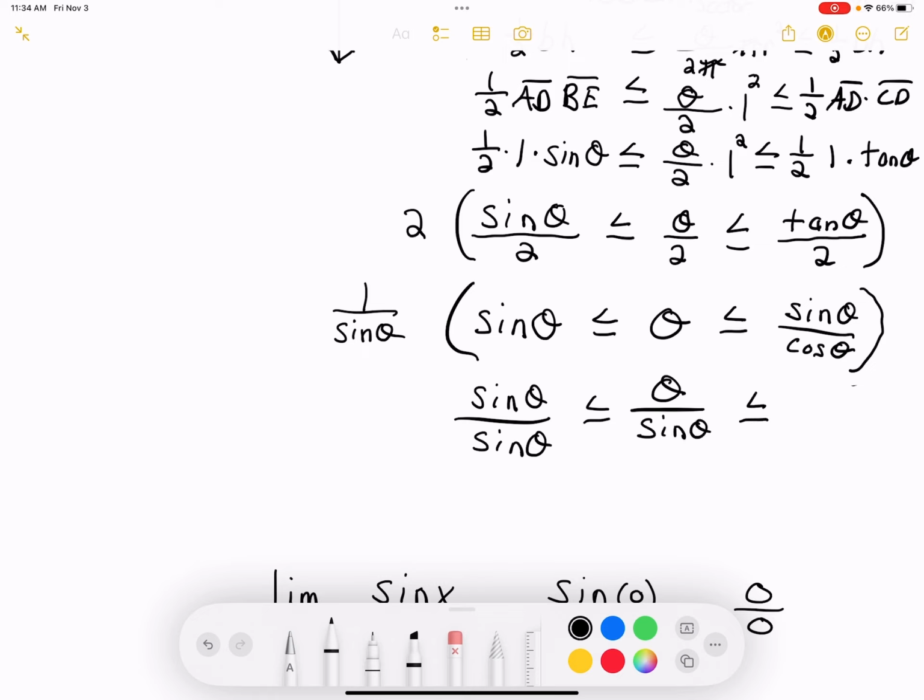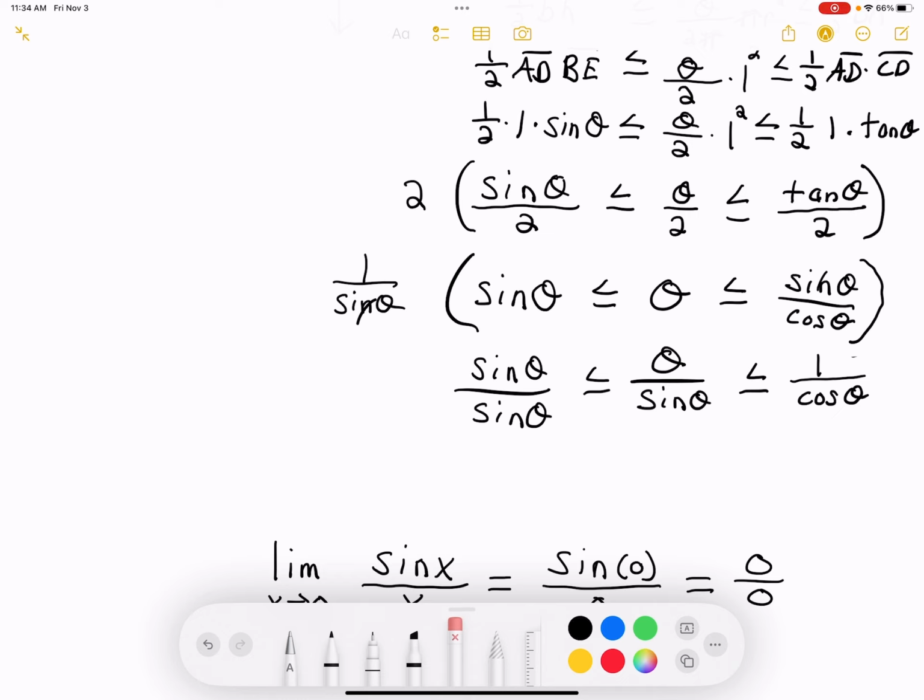And here I get sine over cosine times sine times 1 over sine. The sines cancel out. I'm left with 1 over cosine theta. You may notice that sine theta over sine theta cancels out and becomes 1.